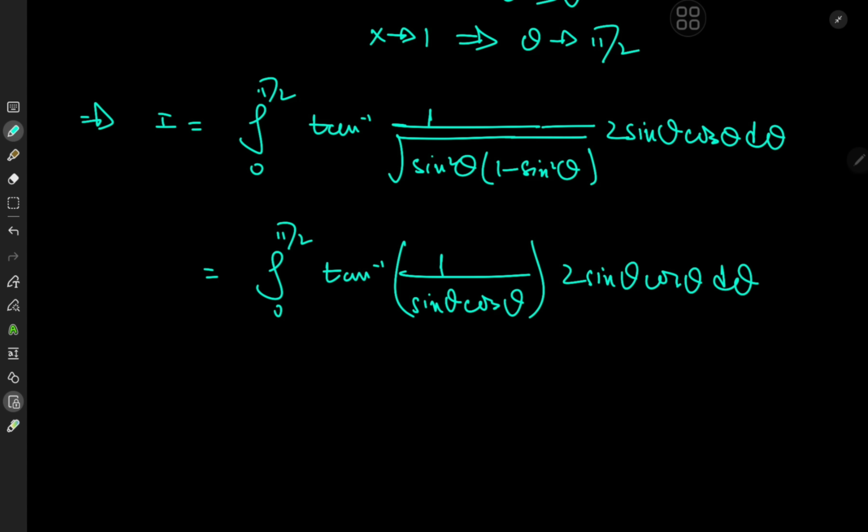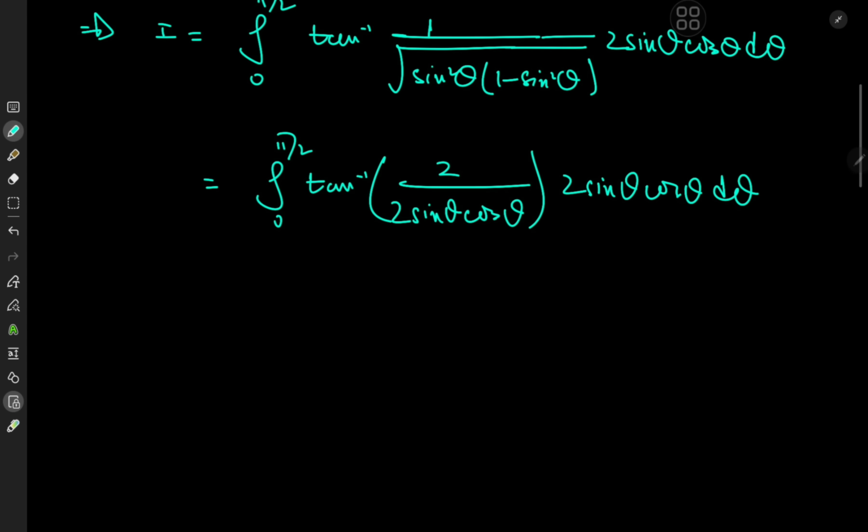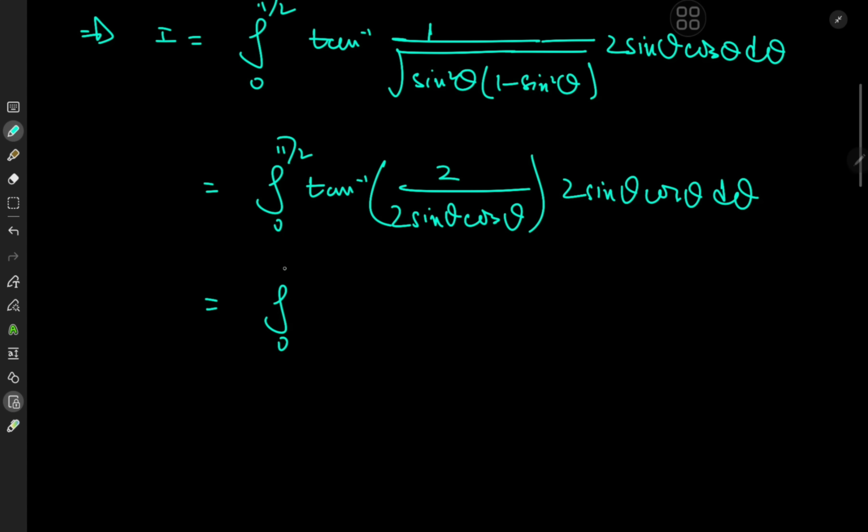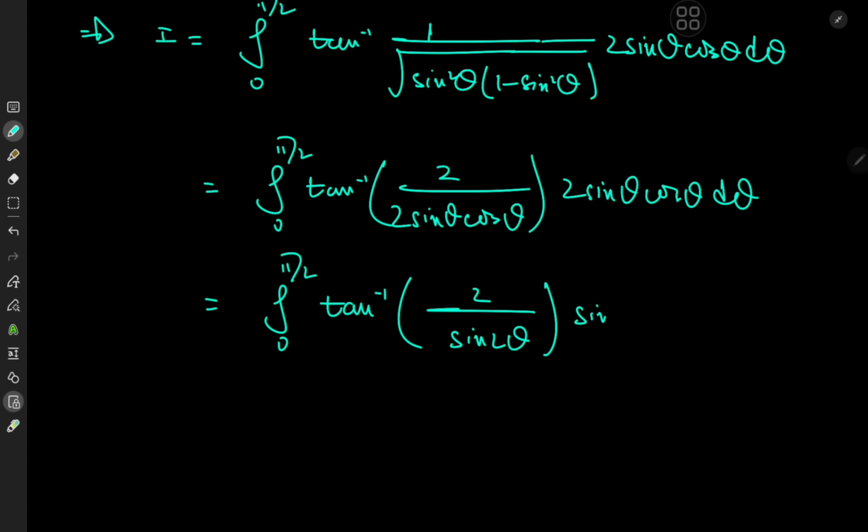So now we have structures of the form sine 2 theta. And to make that even more clear, I'm going to expand using a factor of 2, so we have 2 upstairs and downstairs. That gives us the integral from 0 to pi over 2 of arctangent of 2 over sine 2 theta times sine 2 theta d theta.